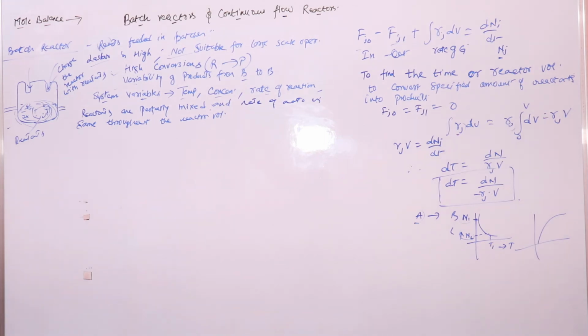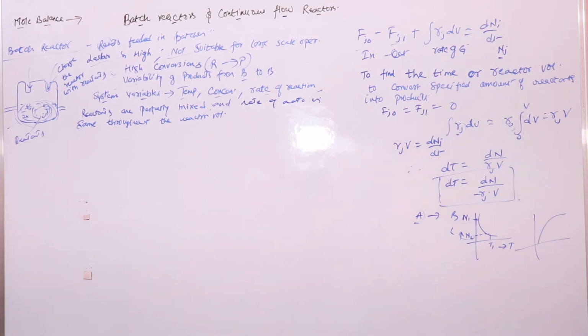Then you can integrate the above equation to find the time taken to convert reactants from N1 to N2, or the time taken for the concentration of reactants to fall from N1 to N2. You will integrate the above expression from N2 to N1. N2 would be the lower limit and N1 would be the upper limit, because N1 is high and N2 is less, as the concentration of reactants is going down.